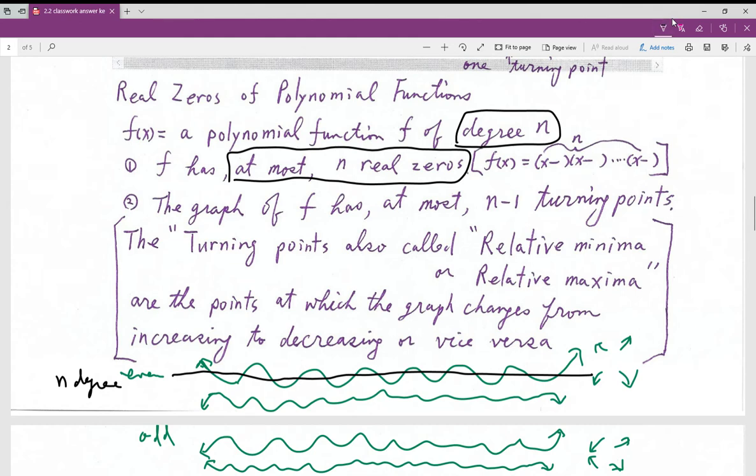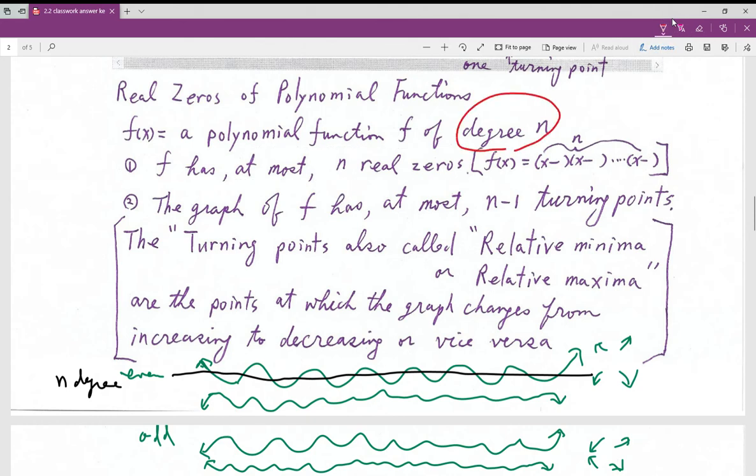Let me change it to red color, it is better to point out how important it is. So if you have degree n, then you have at most n real zeros. That's the explanation. Because you are able to factor at the most n factors.